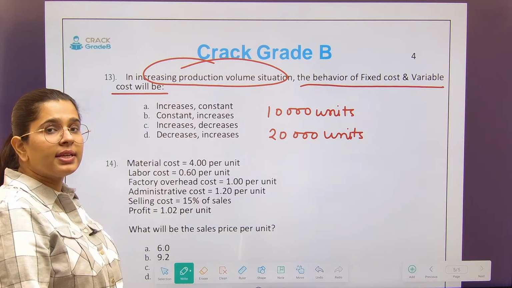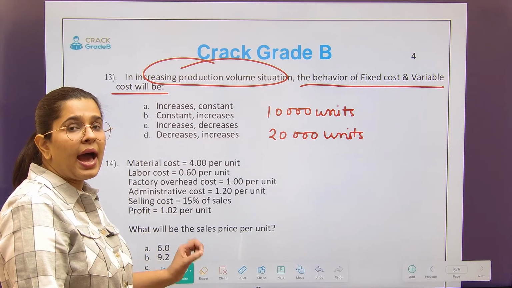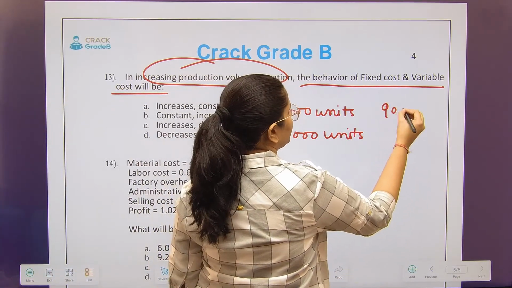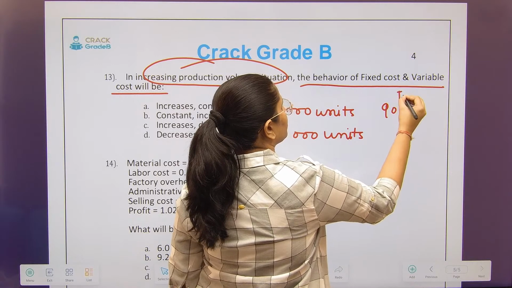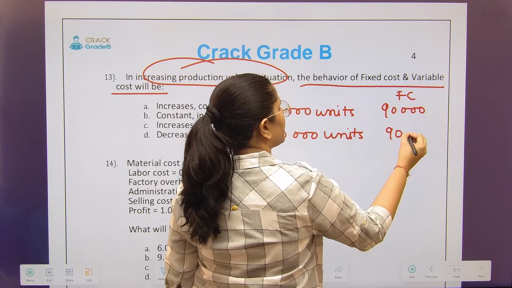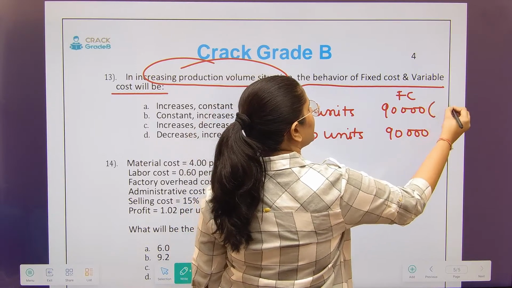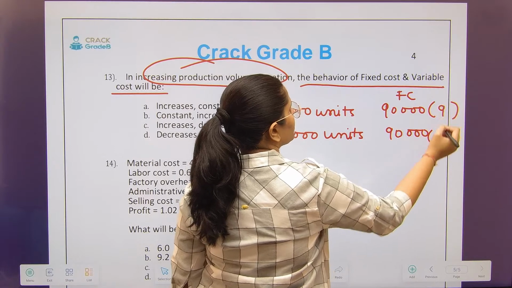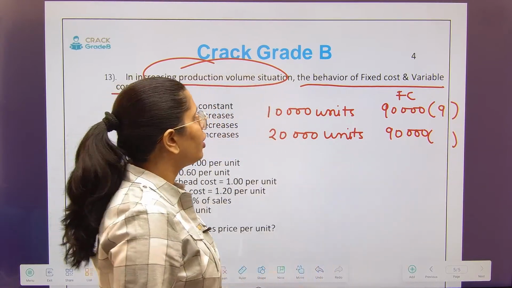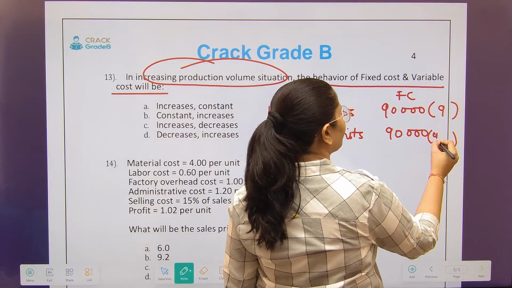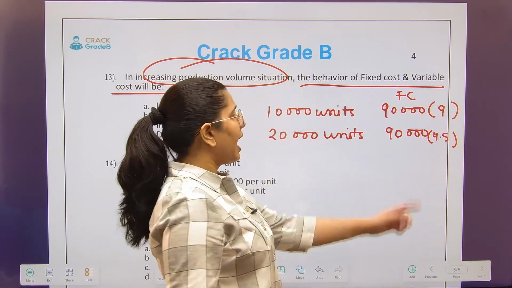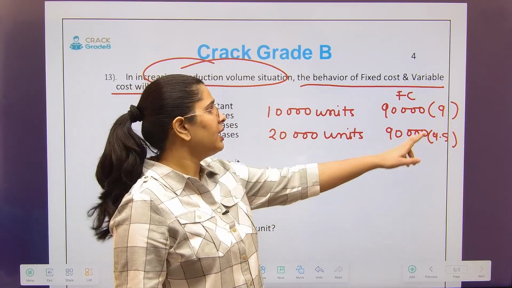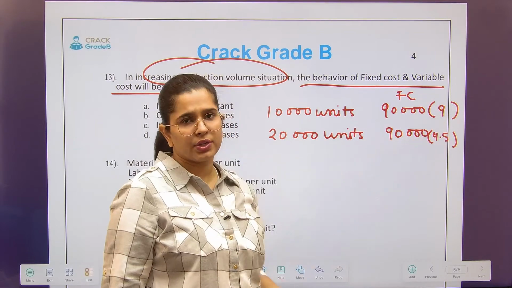See, fixed cost in absolute value terms, if you have incurred fixed cost of 90,000, so this fixed cost will remain 90,000 over here as well. But per unit will decrease. So here per unit cost was 9, and here your per unit cost will be 4.5. See, in absolute terms, it is not going to decrease. This is going to remain constant. But on a per unit basis, this is going to decrease.